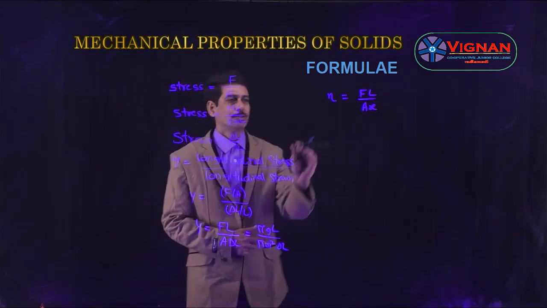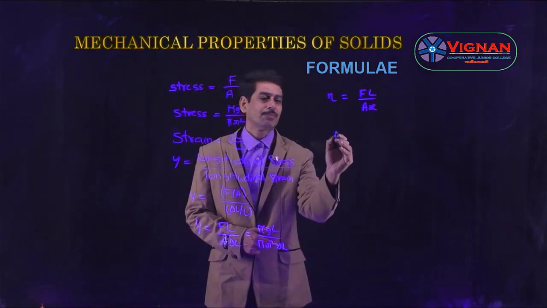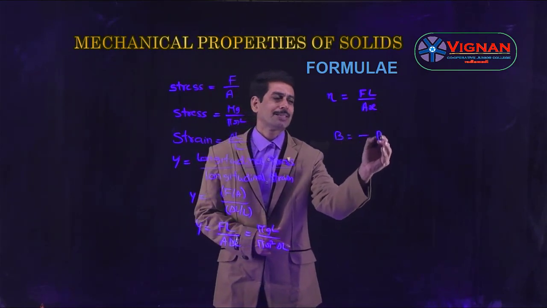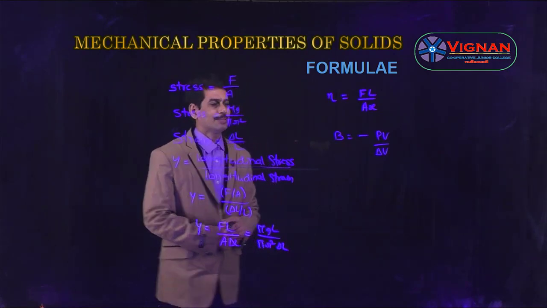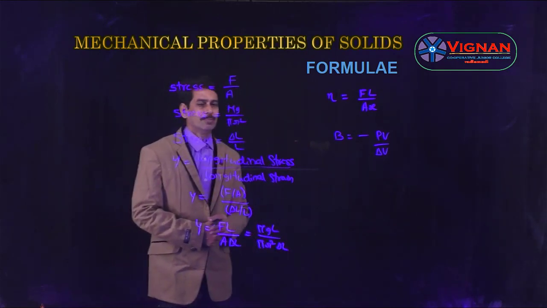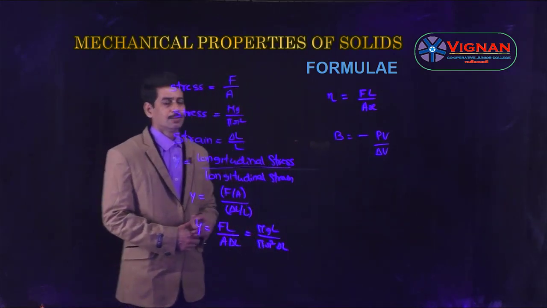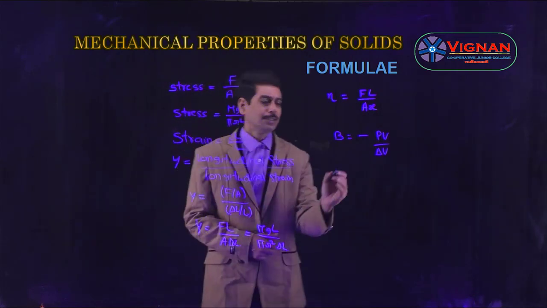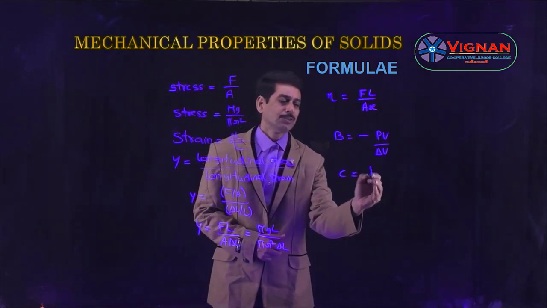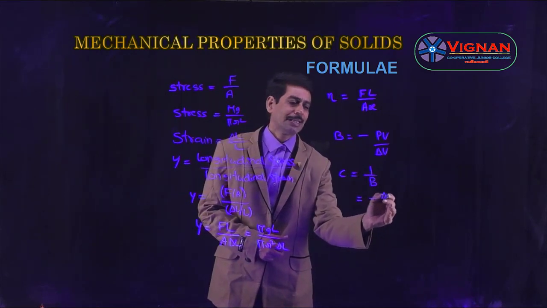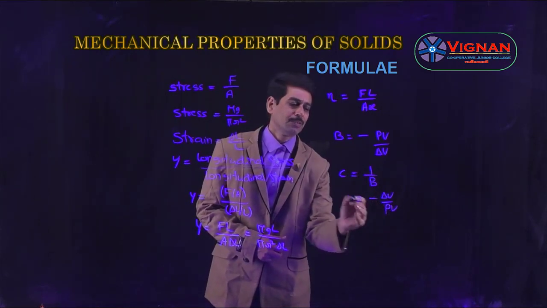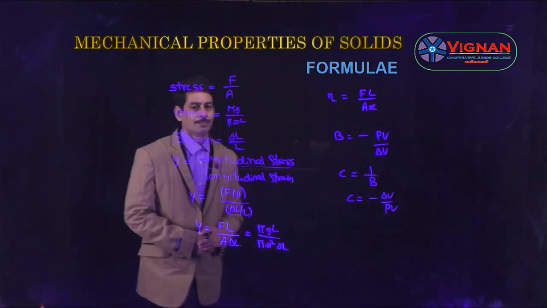So this is about the rigidity modulus. Coming to the bulk modulus, it is nothing but minus PV by delta V. Here P is the pressure, V is the volume and delta V is the change in volume, and we know P is nothing but force by area. So this is about the bulk modulus. And compressibility is the reciprocal of bulk modulus, which is equal to minus delta V by PV.